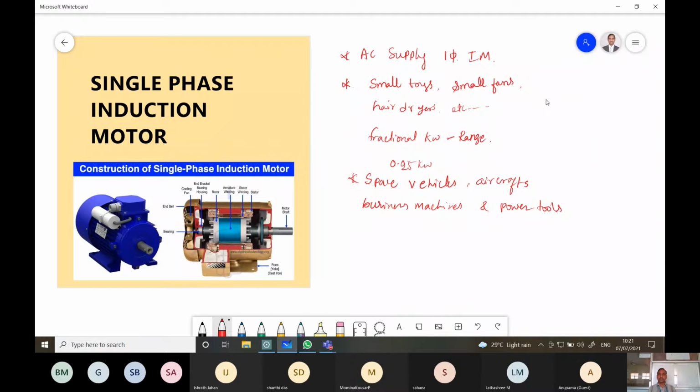These are some of the applications of the single phase induction motor.